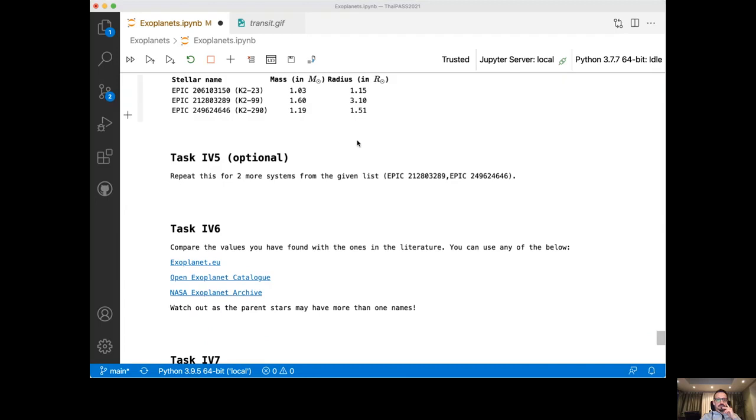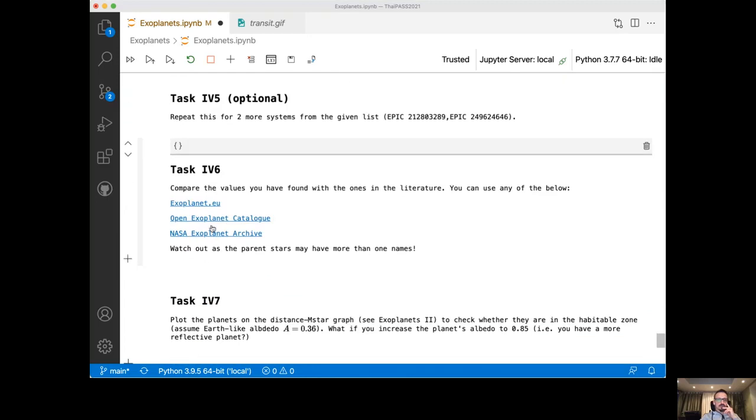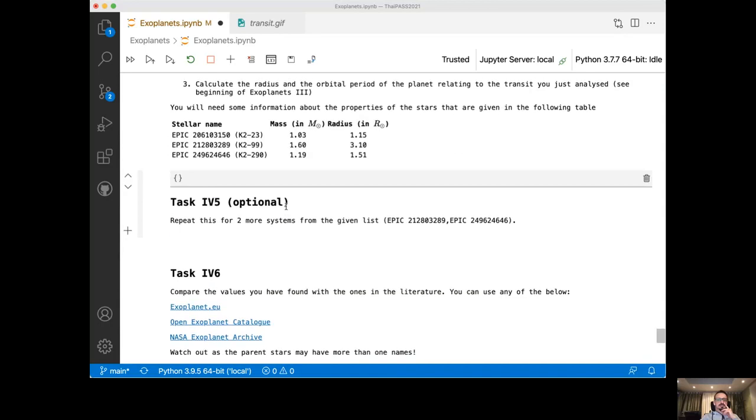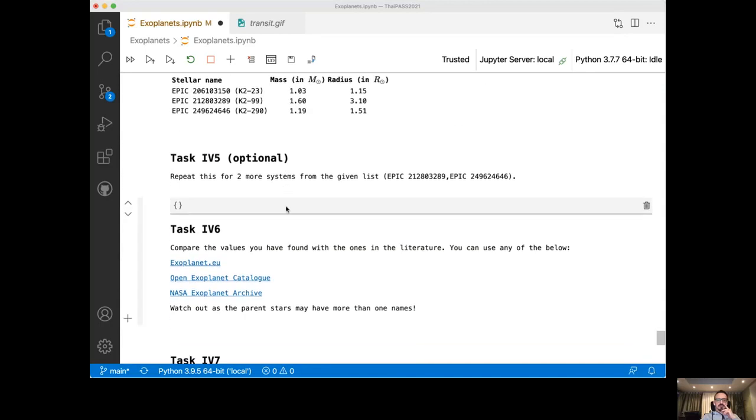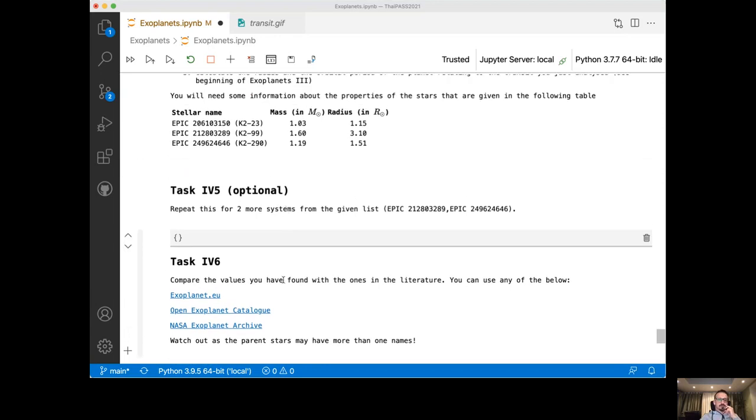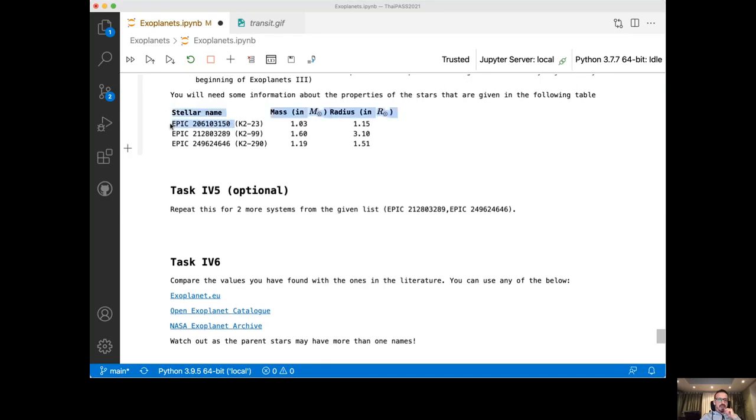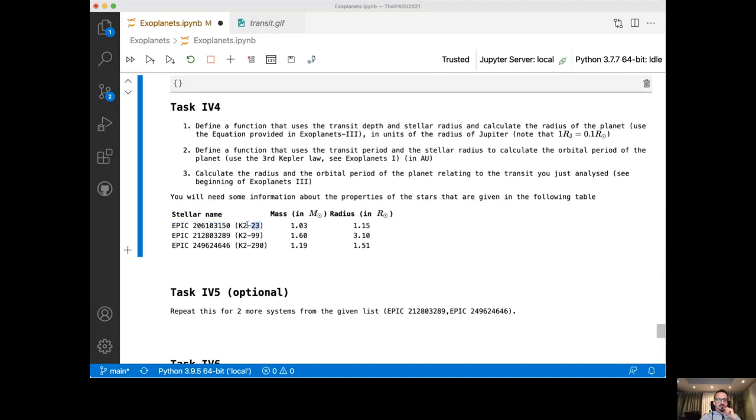And then after you calculate the properties of the planet, you can also go to some of these catalogs, find the planet, and see whether the values that you calculate are near the correct values. And you have to be careful here that stars sometimes have different names. So here I give you the EPIC name, and here I give you the Kepler name.